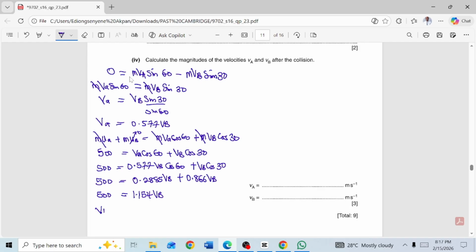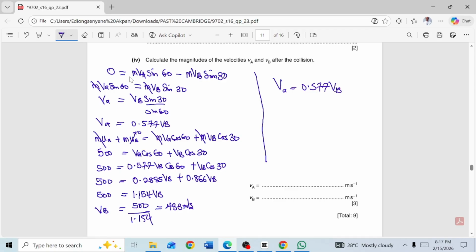That will give us VB equal to 500 divided by 1.154, which is 433 meters per second.